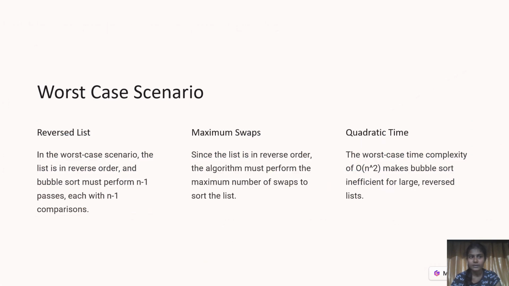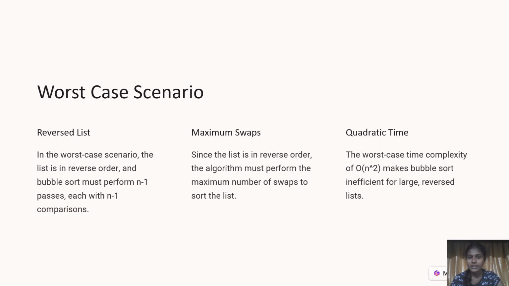Worst case scenarios. Reversed list, maximum swaps, and quadratic time. In the reversed list worst case scenario, the list is in reverse order and bubble sort must perform n-1 passes, each with n-1 comparisons. Maximum swaps.